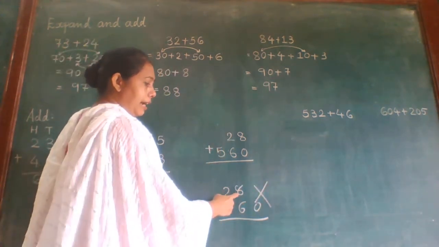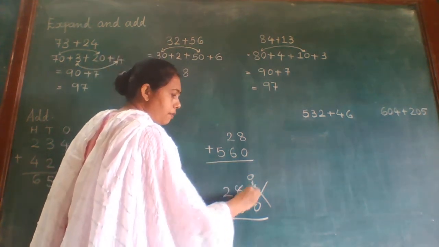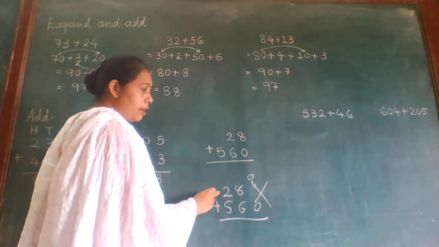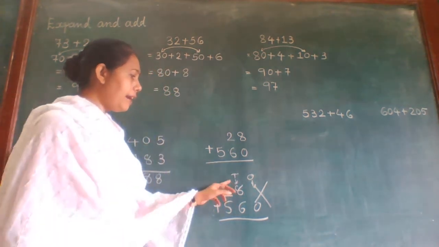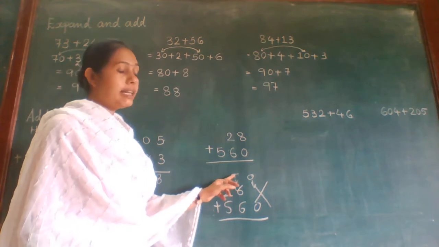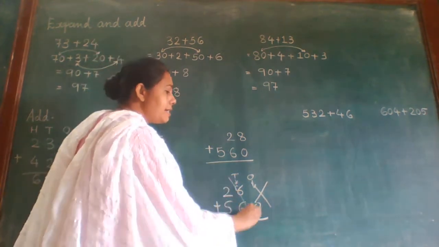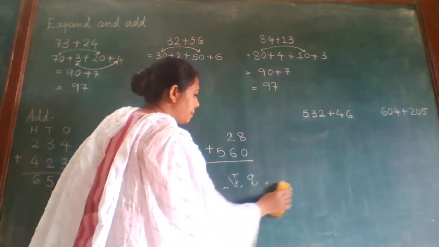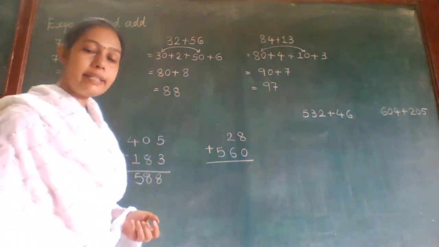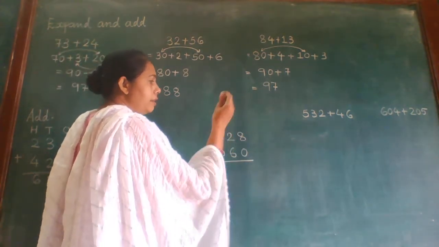In 28, 8 is on ones place, so it should be here on ones place. And 2 is on tens place, so 2 should be on tens place. But here we have written 8 on tens place and 2 on hundreds place. That means the digit placement is wrong. So always write ones below ones, tens below tens.